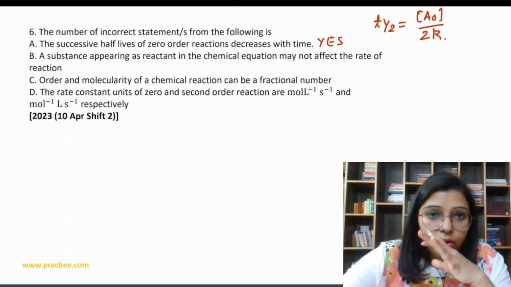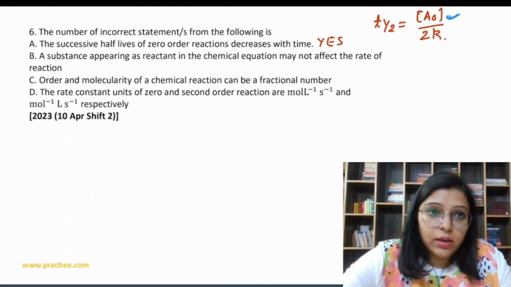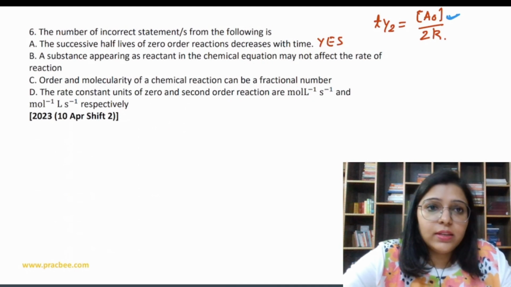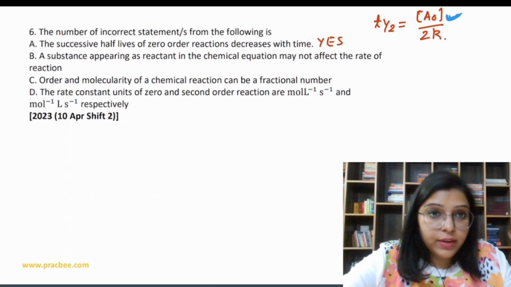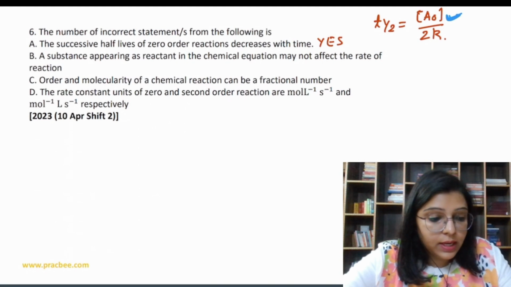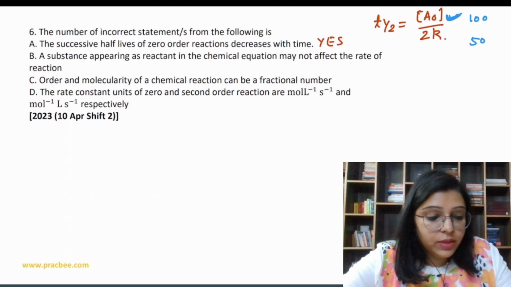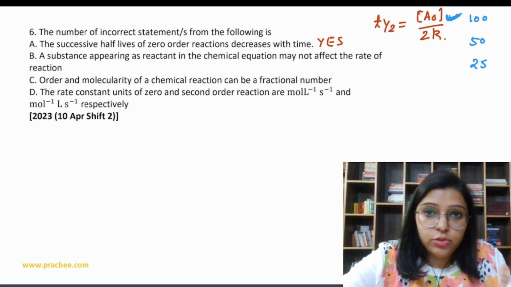Because on increasing time, the concentration A naught, that is the initial concentration, है ना, T half depends on the initial concentration, not on the final concentration. Clear? So A naught value decreases with time. Starting में 100 है, then it is 50, then it is 25. So if A naught value decreases, T half is directly proportional to A naught, so half-life also decreases. So the first statement is true.